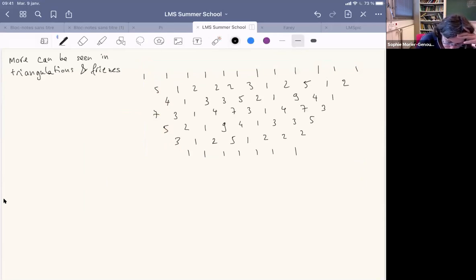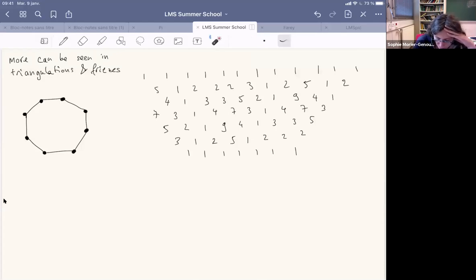So let's draw an octagon. 1, 2, 3, 4, 5, 6, 7, 8. Let's dot the vertices. And the game would be to, from the quiddity sequence, I mean, from the first row, reconstruct the triangulation.